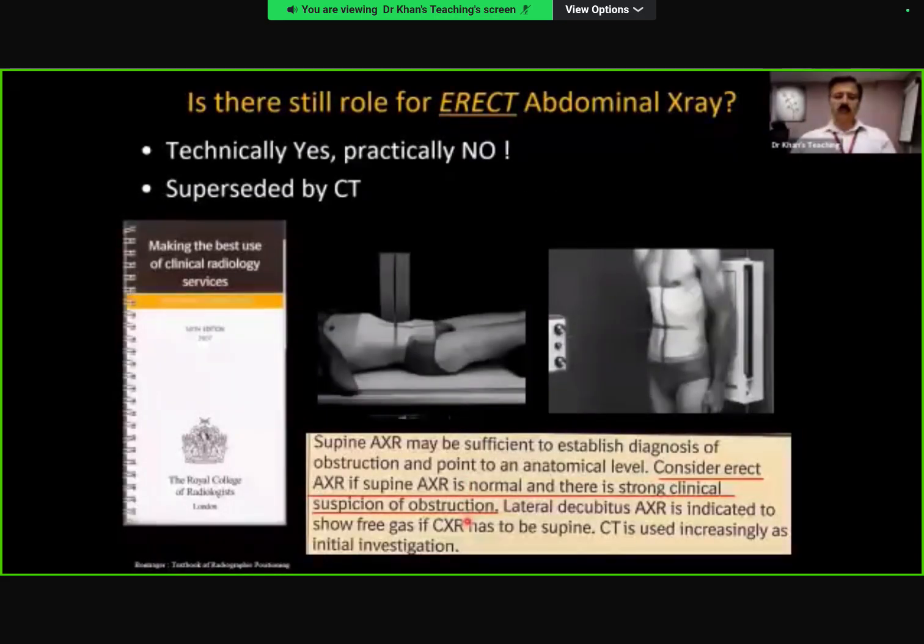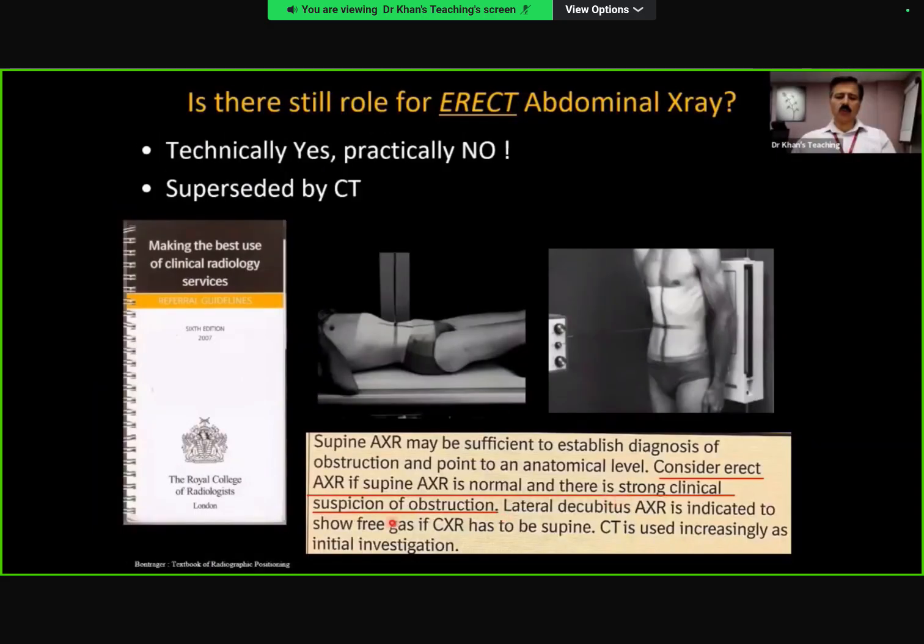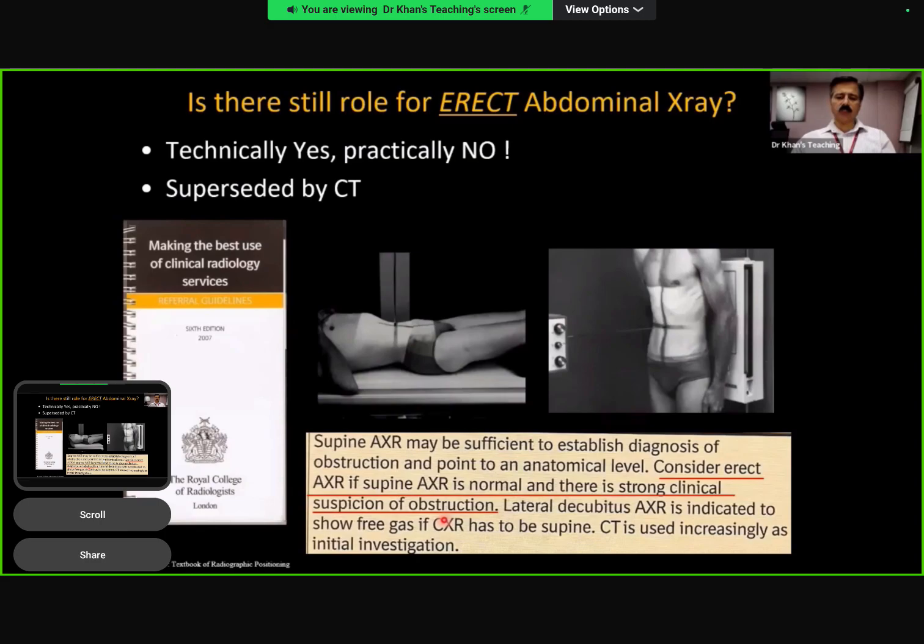Now, what is the use of an erect film? This is from the guidelines of the Royal College of Radiologists. There was a booklet at that point, 2007, which says to consider an erect film if the supine X-ray is normal or there is strong clinical suspicion of obstruction.